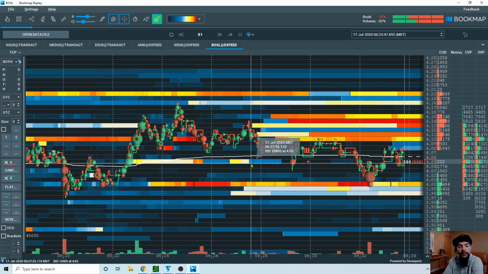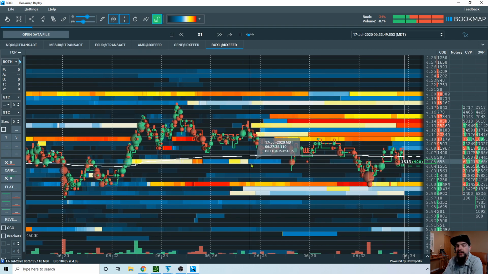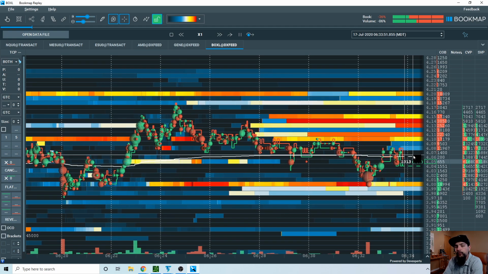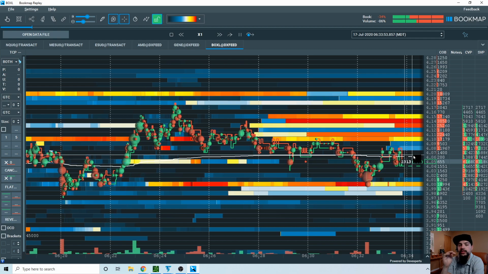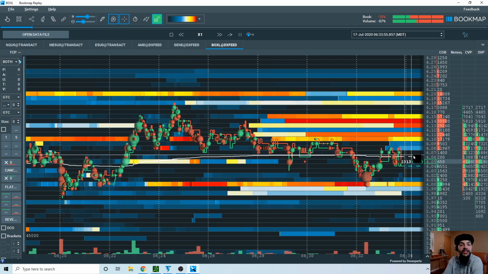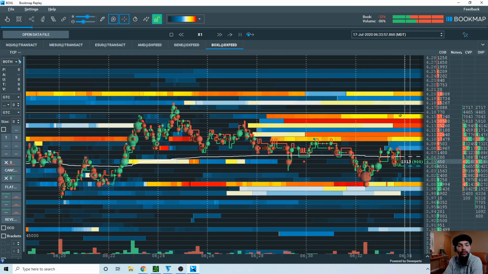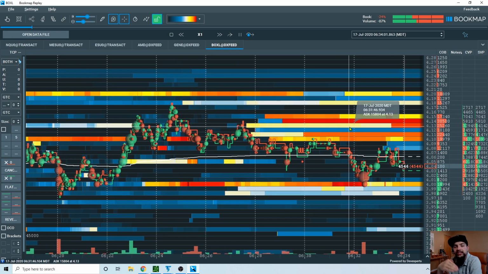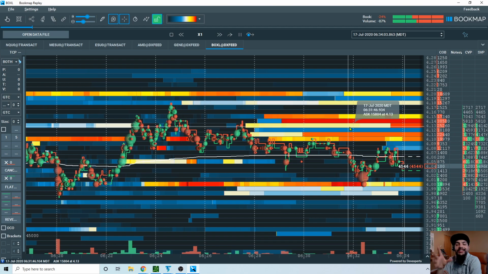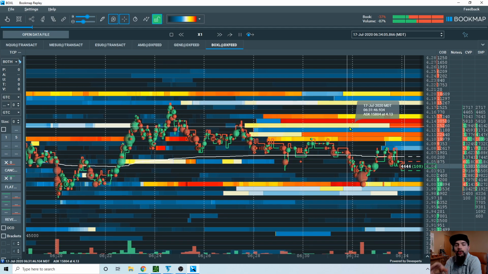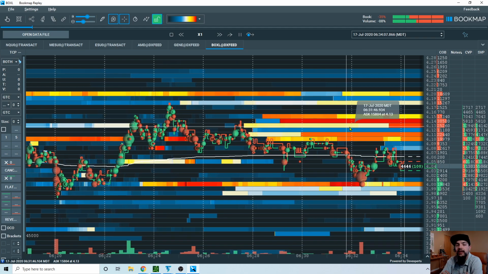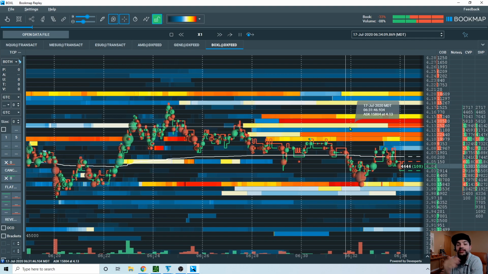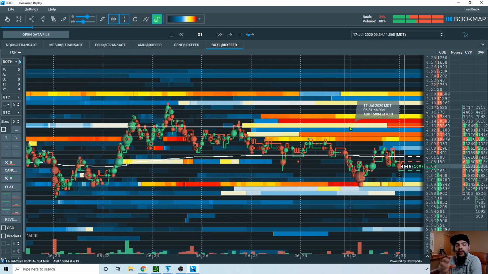Hop over to BookMap and you can see, oh, not only do we have a lot of tight pressure, but if we're going to fire to the upside, for more confirmation into the trade, I want us to break a specified area. This gives us confirmation into that trade more so than just a simple set of indicators on a chart. We can see live orders that are on the book.